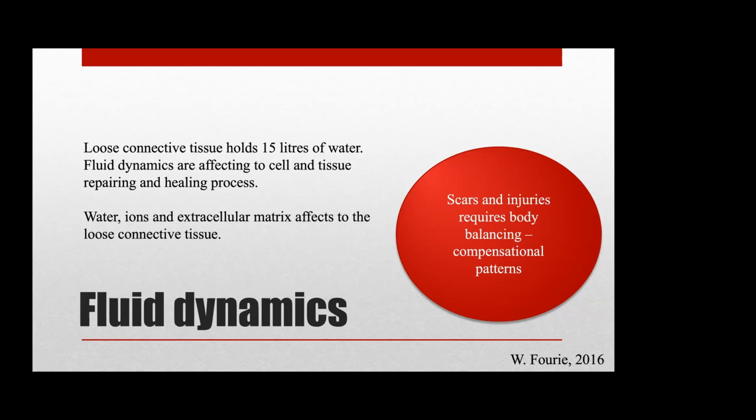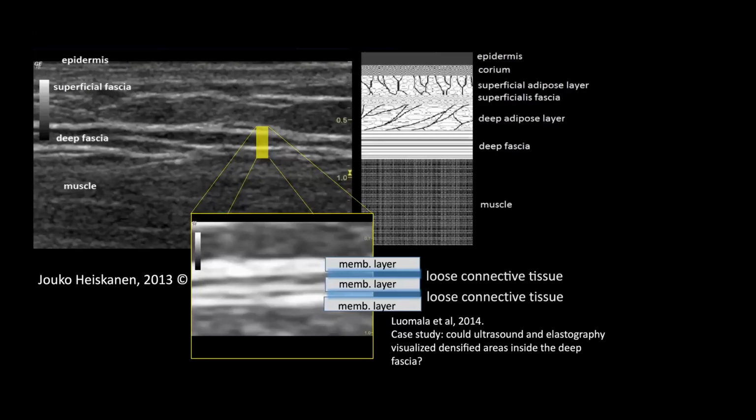And if it's not able to balance something, we are having compensational patterns. We are having the compensational patterns anyway, but some are better than others. Sometimes we can have pain because the body is compensating things, and sometimes we are doing just fine and having no problems at all.